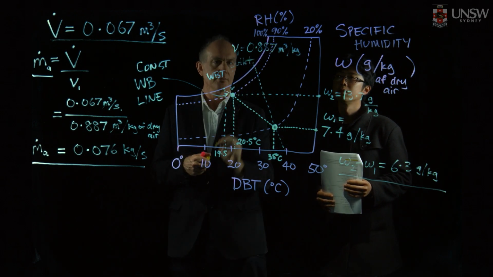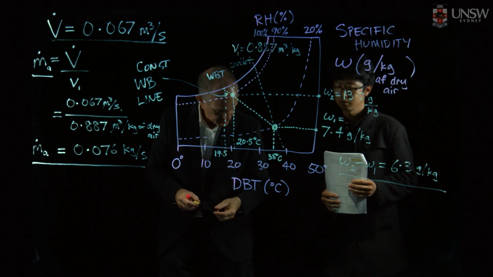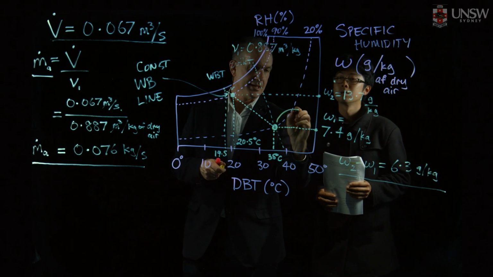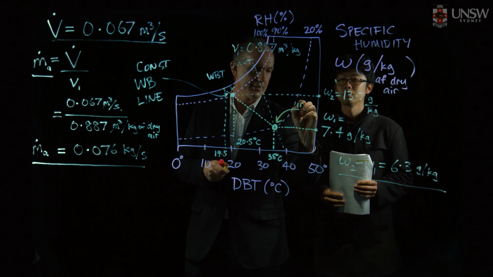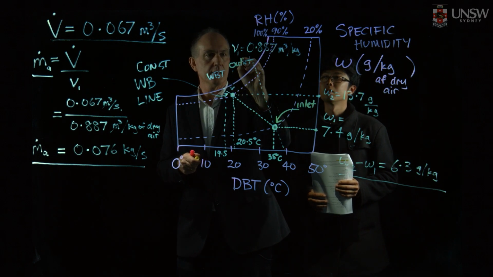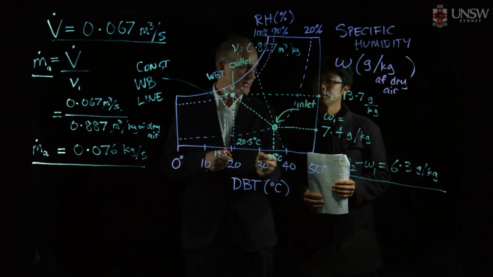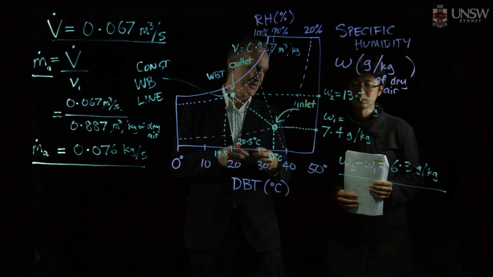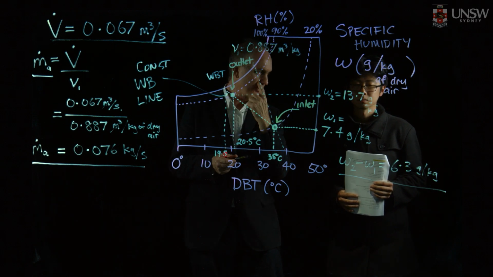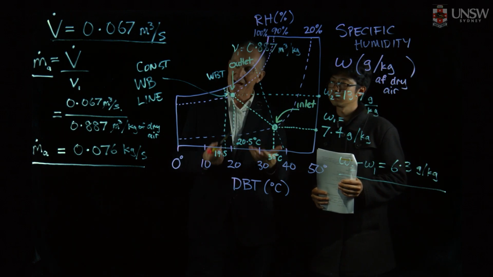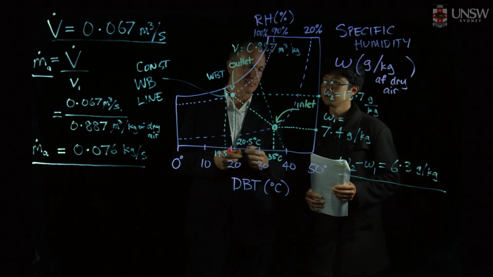Oop, my pen is getting a bit dry. That's better. The inlet, that's the outlet. Now the difference in that specific humidity tells us that we've got 6.3 grams per kilogram being added. We want to know the rate at which we need to supply water.